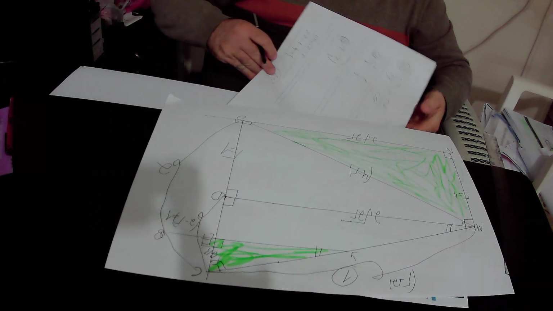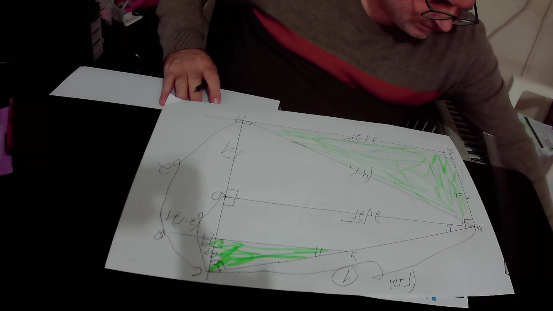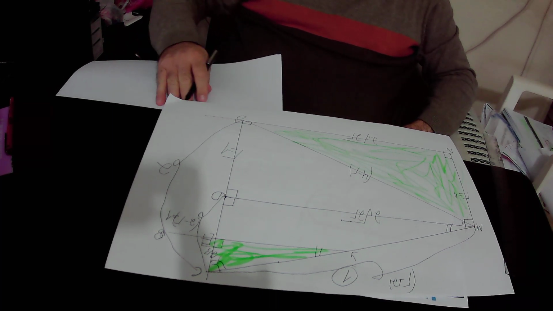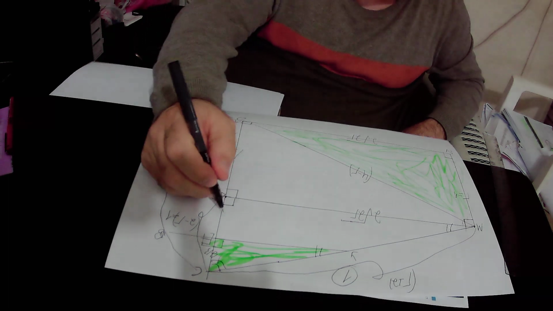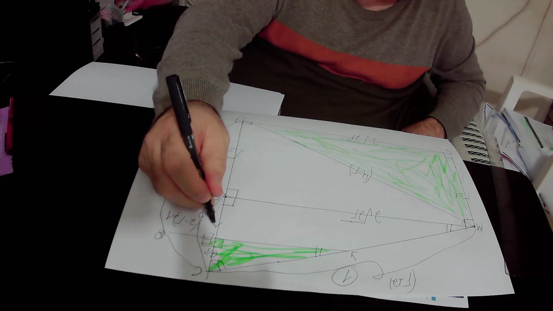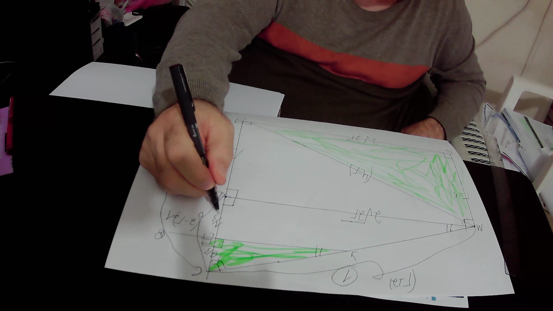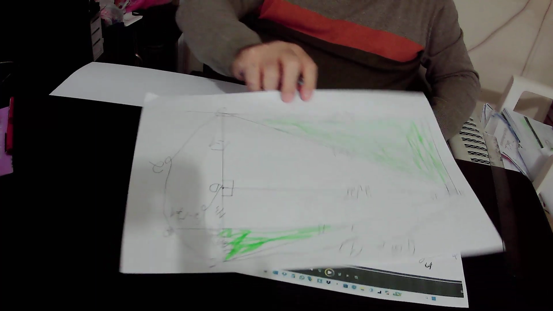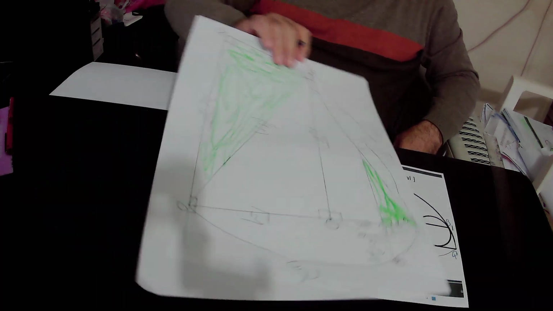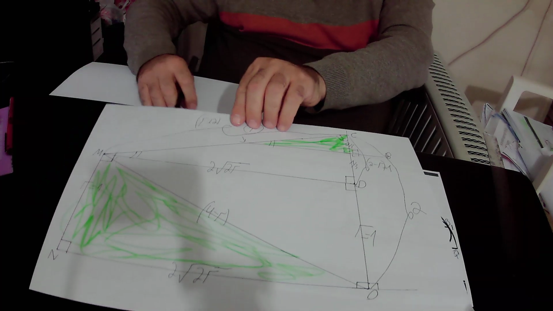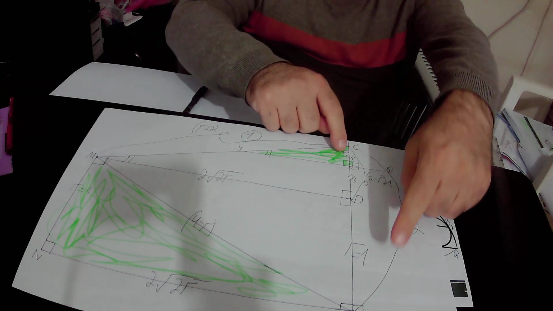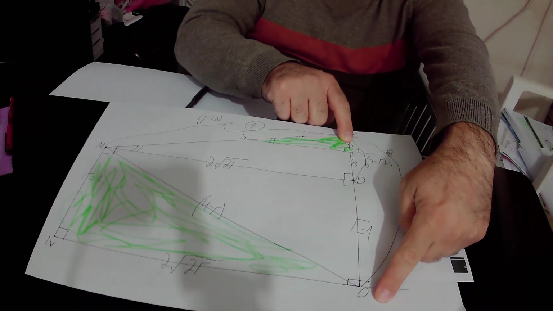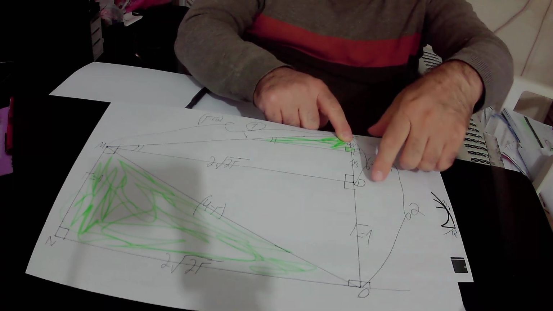So we can write here that ED equals 1 over 3 units, and what is the value of OE? You can see from the drawing that OE equals OD plus DE.